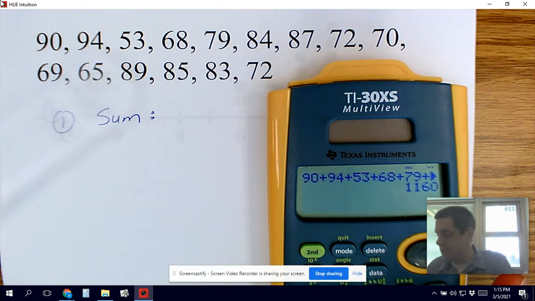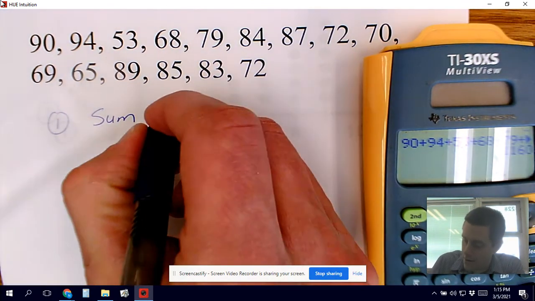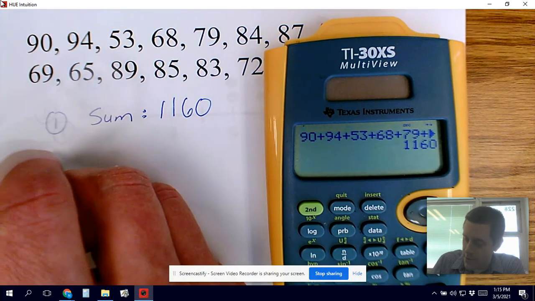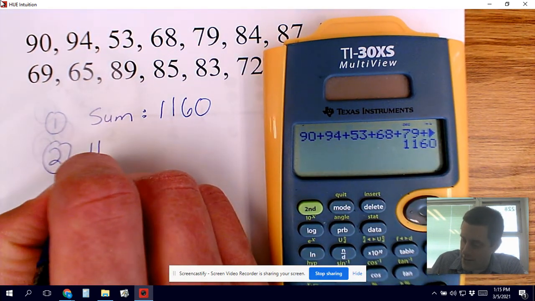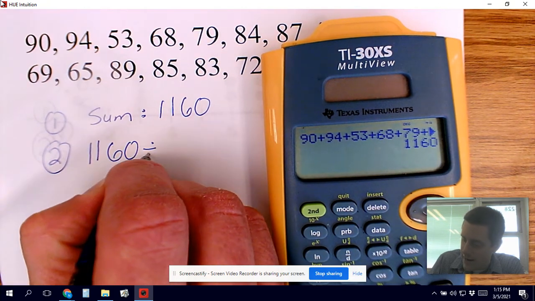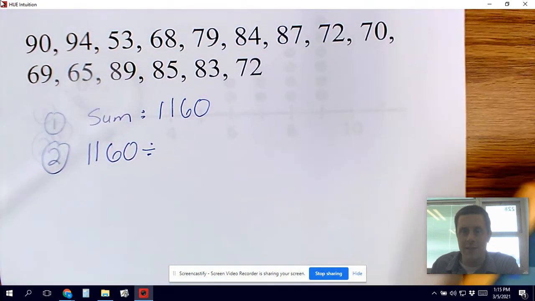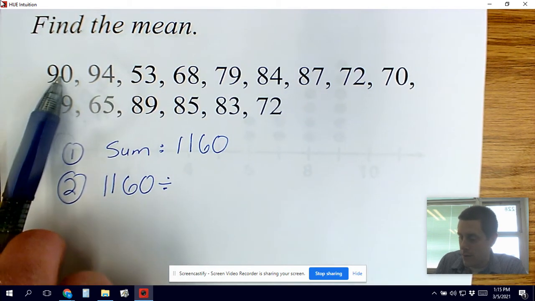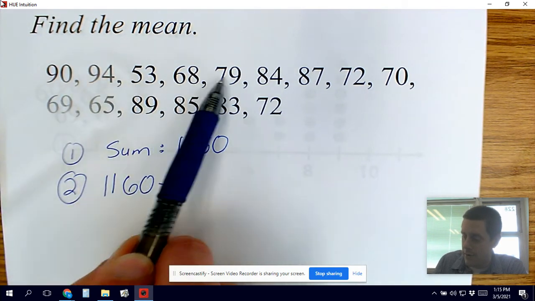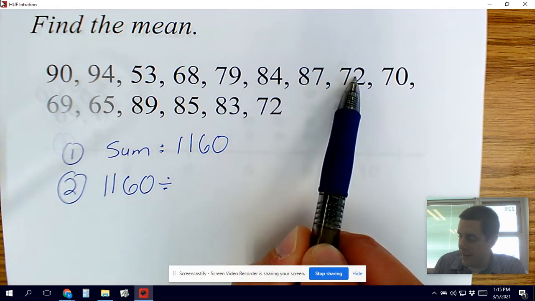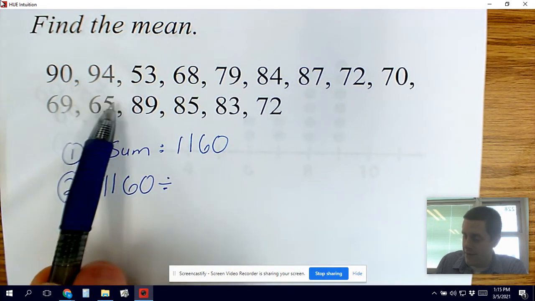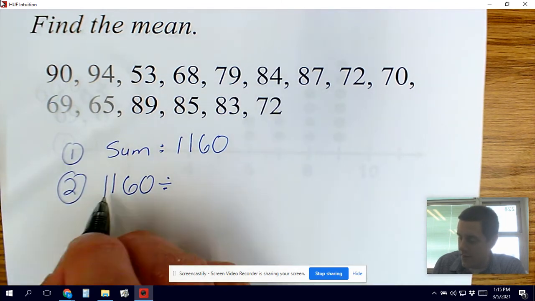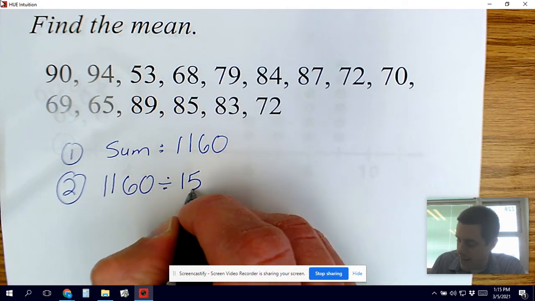And we get a total sum of 1,160. Step two now, we're going to take that sum, 1,160, and we are dividing it by the number of elements in the set. So let's go back to our data set and count how many data points were here. 1, 2, 3, 4, 5, 6, 7, 8, 9, 10, 11, 12, 13, 14, 15. So we are dividing 1,160 by 15.